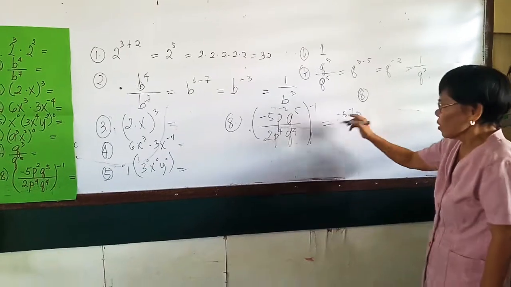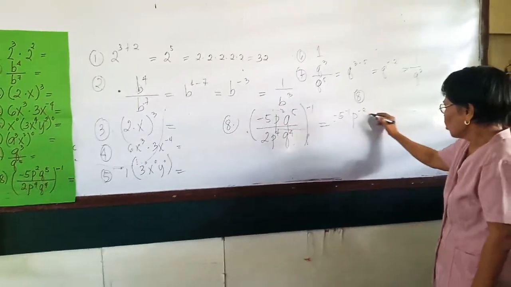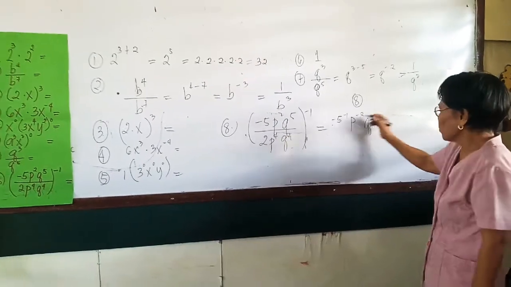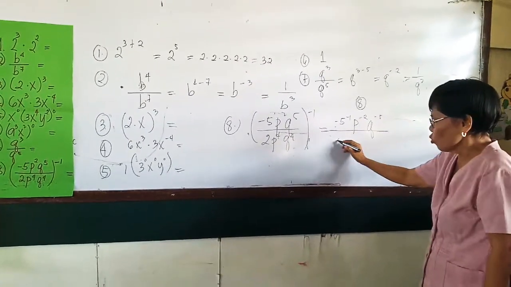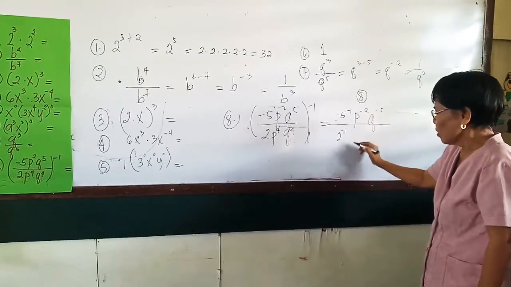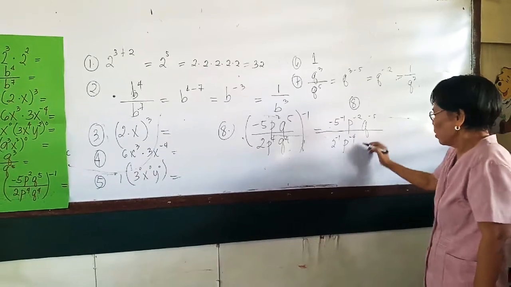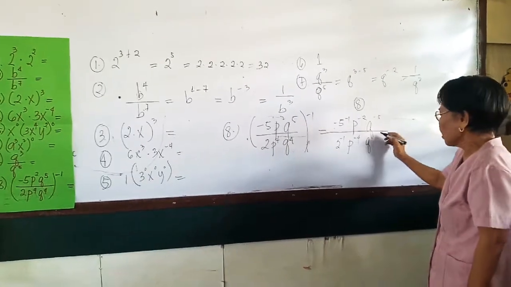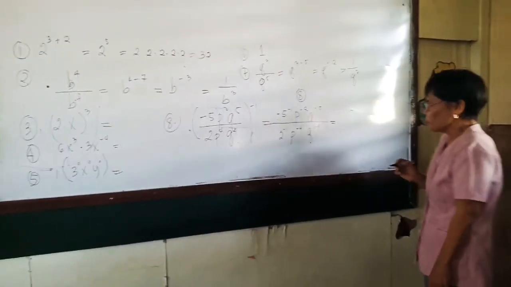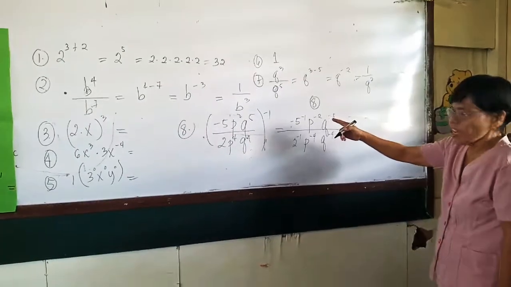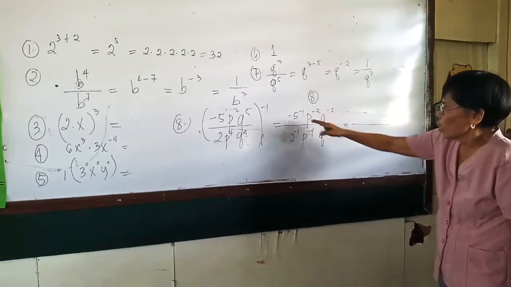Then p, 2 times negative 1 equals negative 2. Then q, 5 times 1 equals negative 5, over 2 to the negative 1, p to the negative 4, q to the negative 4. Okay, let us arrange this one.